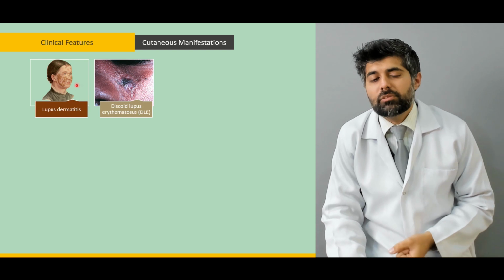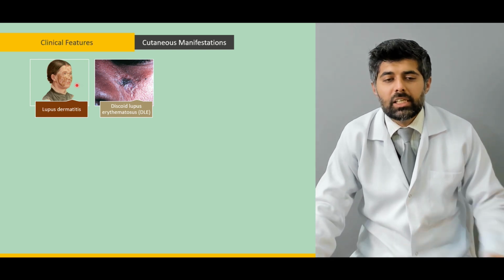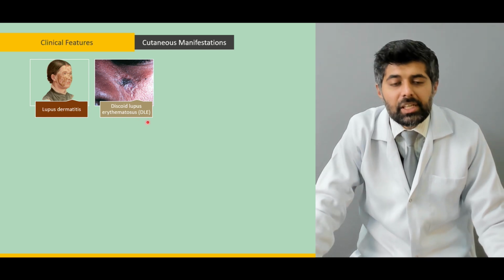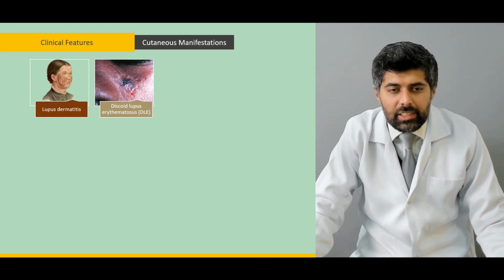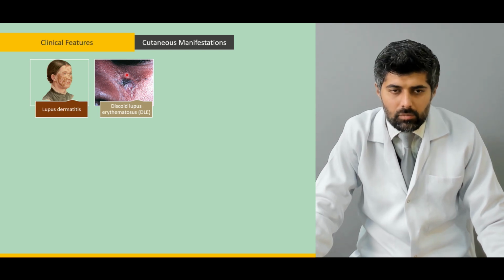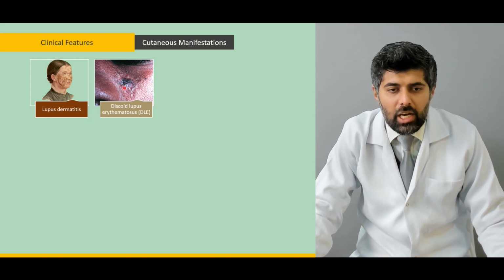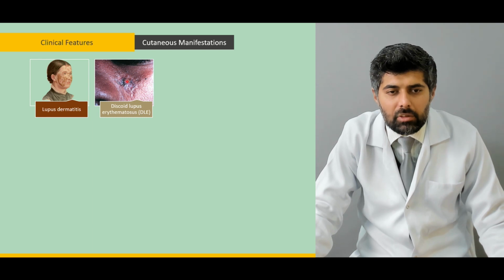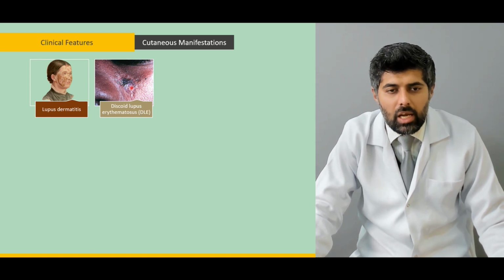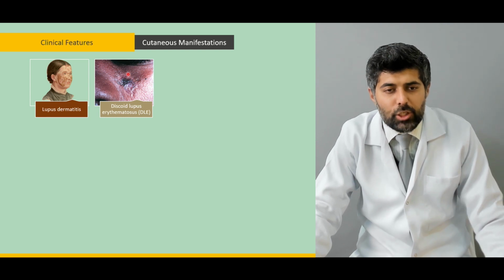Another cutaneous manifestation of SLE is discoid lupus erythematosus. In DLE, we see clearly demarcated lesions which have central atrophy along with elevation and necrosis of tissue.